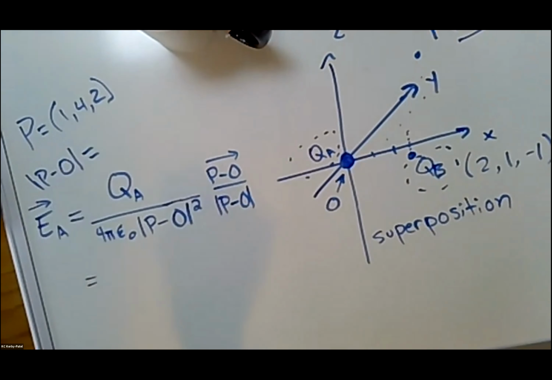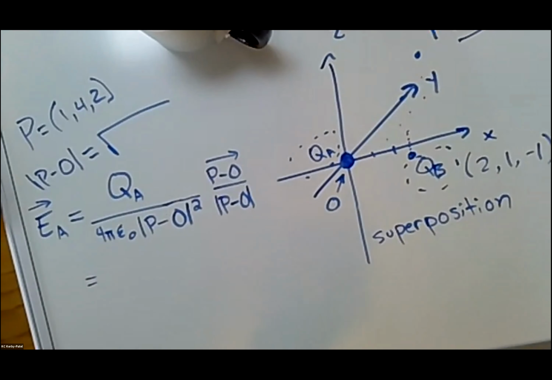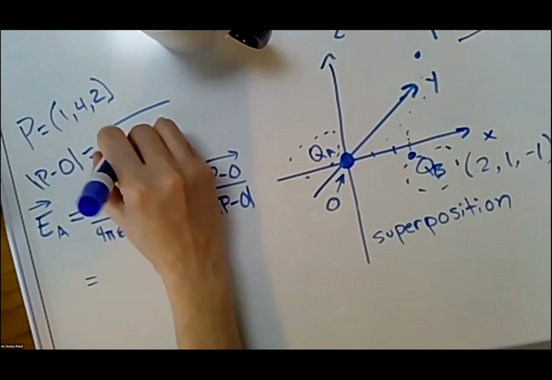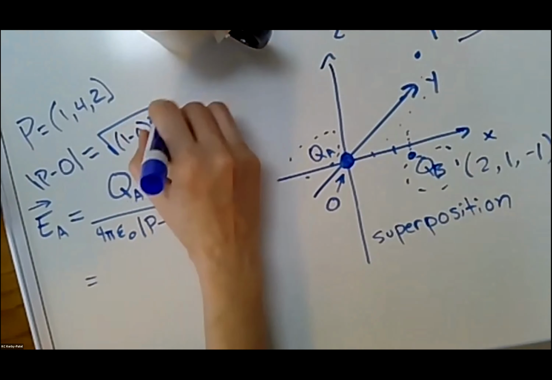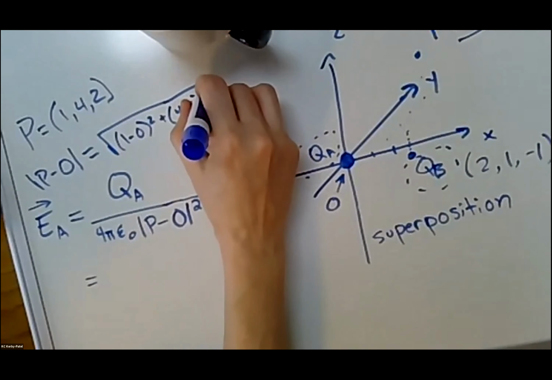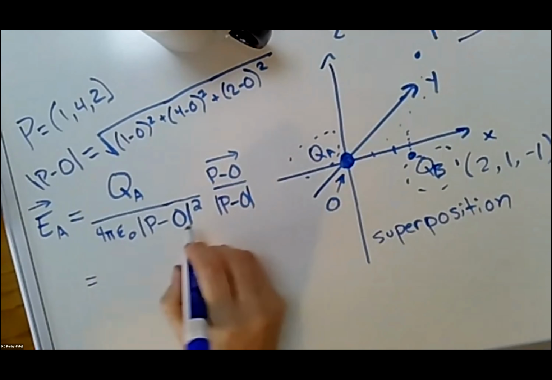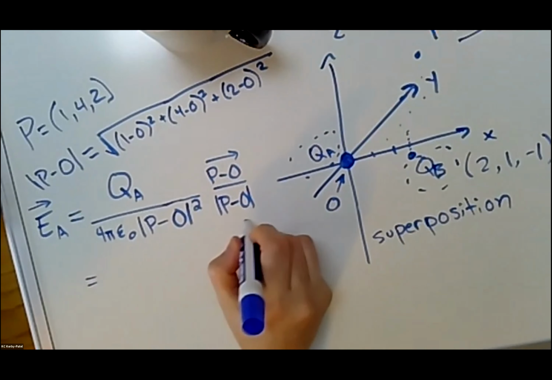Magnitude of P minus O is going to be 1 minus 0 squared plus 4 minus 0 squared plus 2 minus 0 squared, all square rooted. And then this thing ends up being cubed because we're doing it 3 times down here.